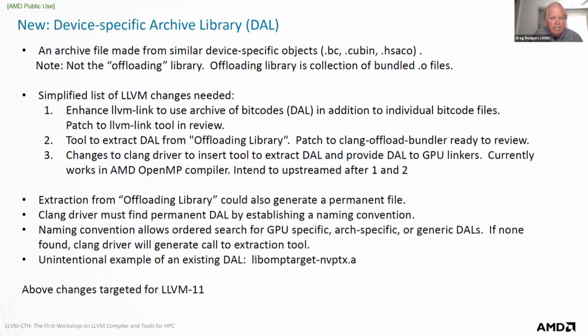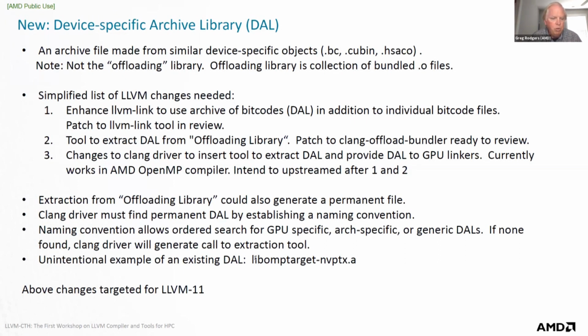The patch for that is currently in review by my colleague Jan, and it turns out that the LLVM class library supports archives already. It's fairly easy to do. So I'm kind of surprised that we haven't had this enhancement to llvm-link done in a long time. It was a fairly simple enhancement.